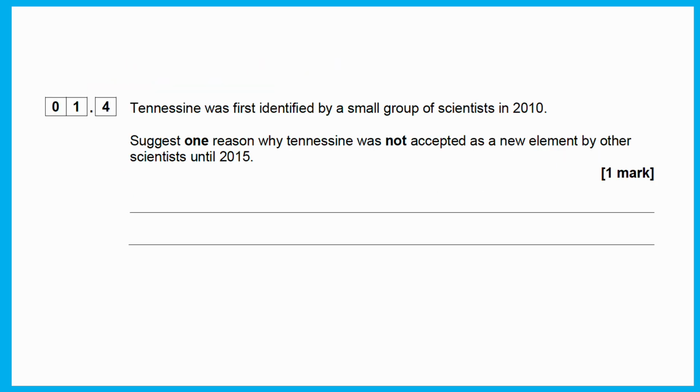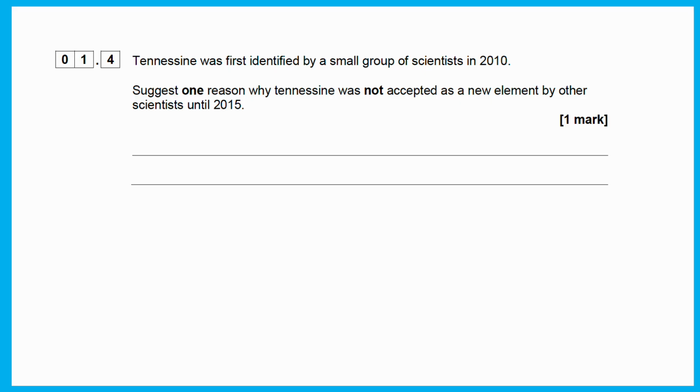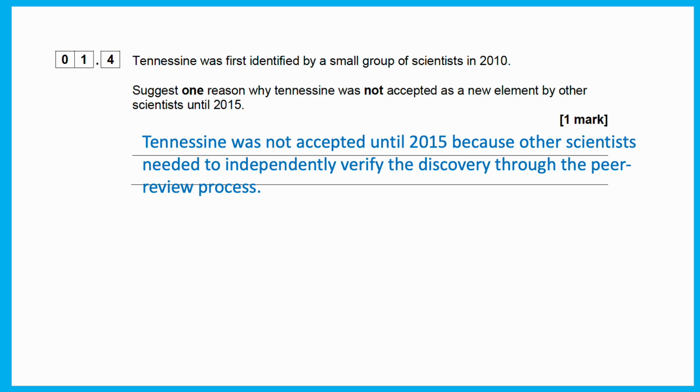Sub-question 4. Tennessine was first identified by a small group of scientists in 2010. Suggest 1 reason why tennessine was not accepted as a new element by other scientists until 2015. 1 mark. One reason tennessine was not accepted as a new element until 2015 is that the discovery had to go through the peer review process.